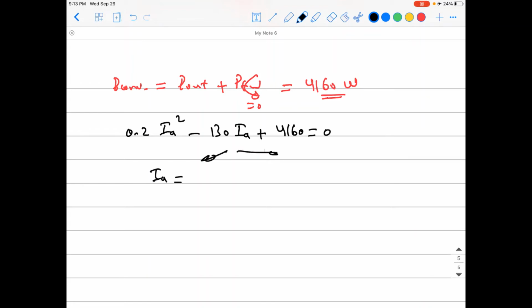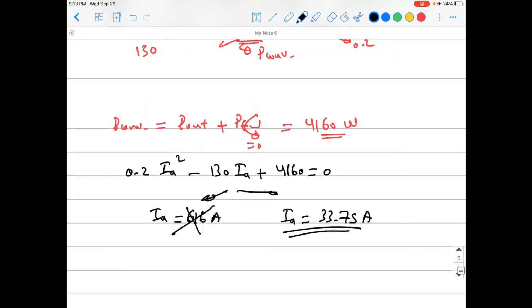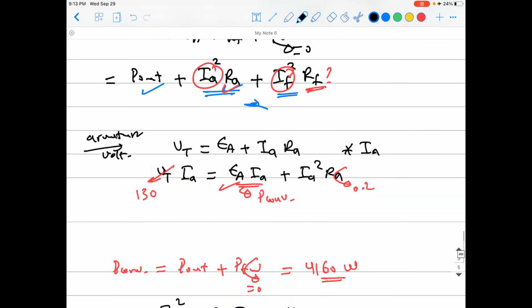One of them will be 616 and the other value will be 33.75 amps. This we will be neglecting because it's just unrealistically high. So the armature current will be 33.75 amps. And that's how we can find the armature current from here, just using this trick.